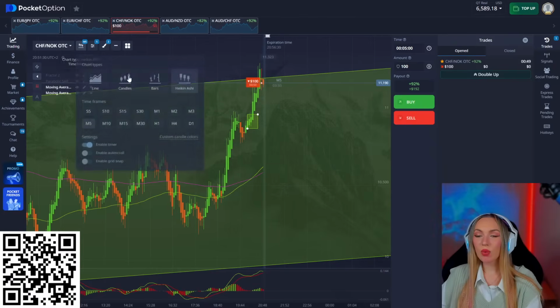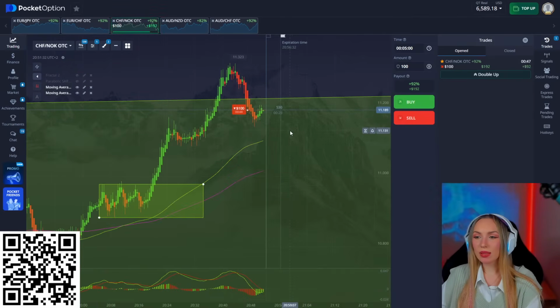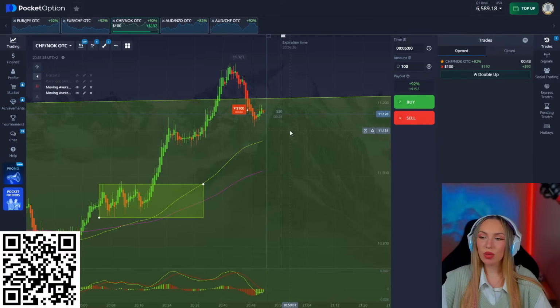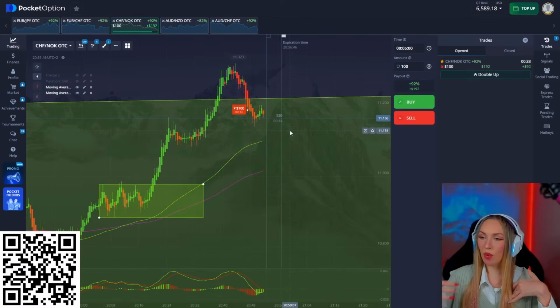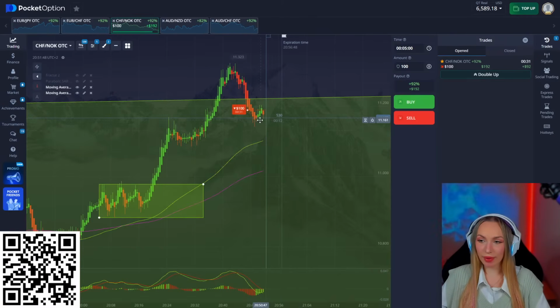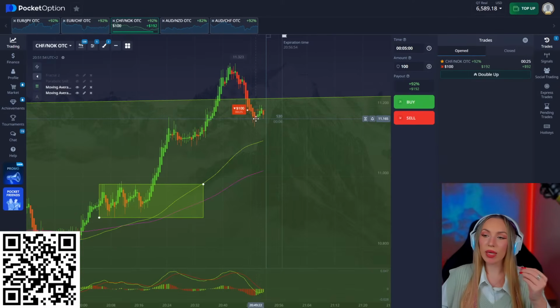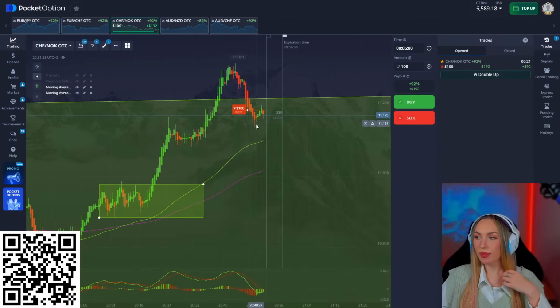Okay, what happened? Right on my entry point, we got into the correction. So maybe 5 minutes were too much, because I'm always trying to decide whether to put more time so we overcome this correction, or to put less so we close the trade before it starts.